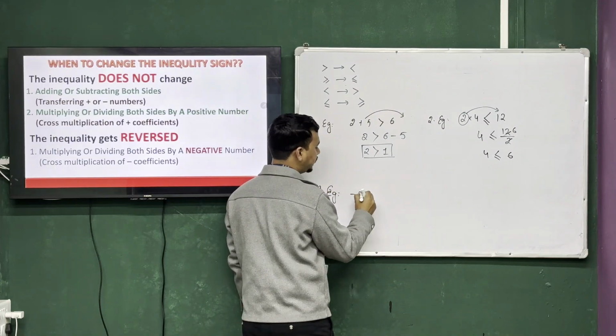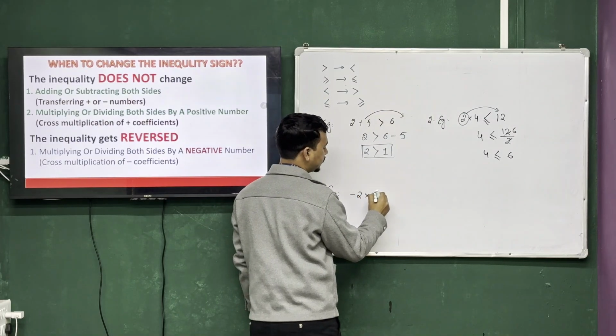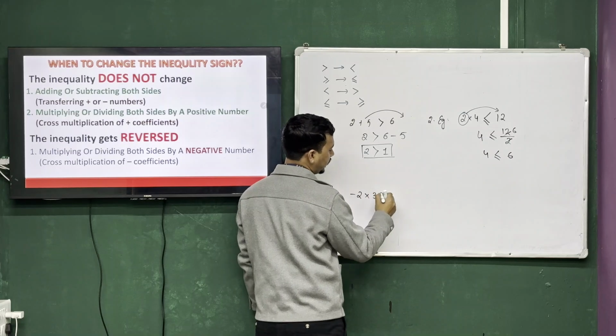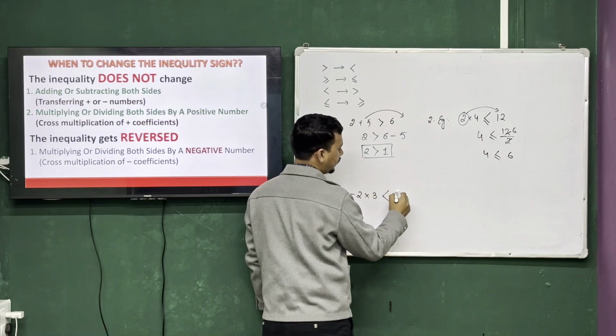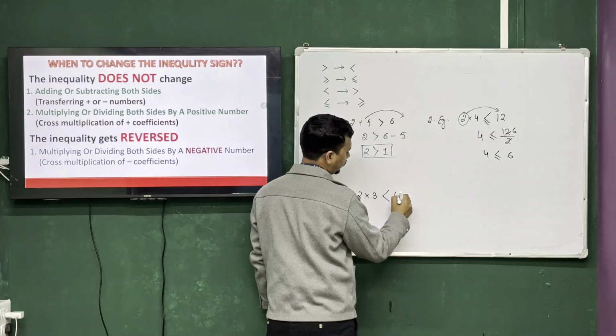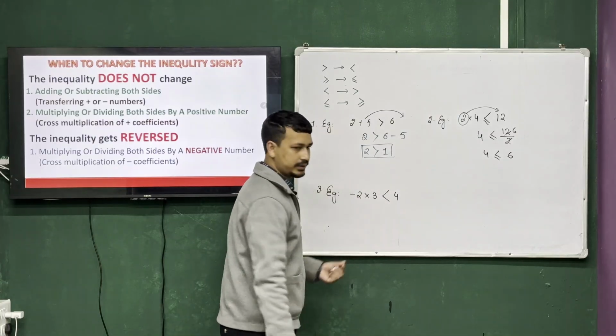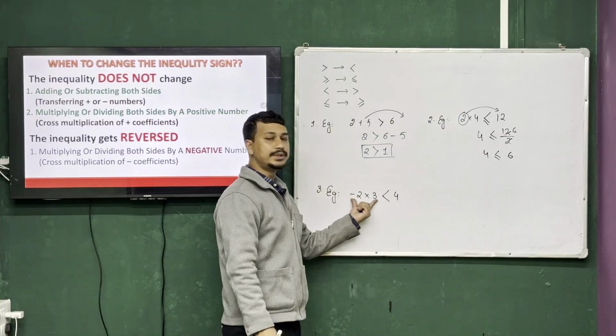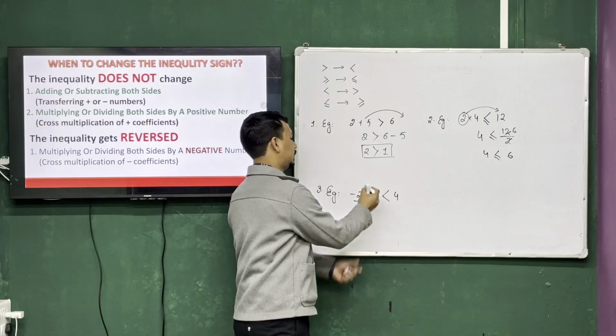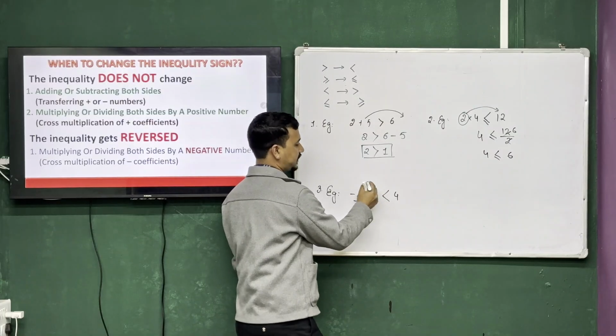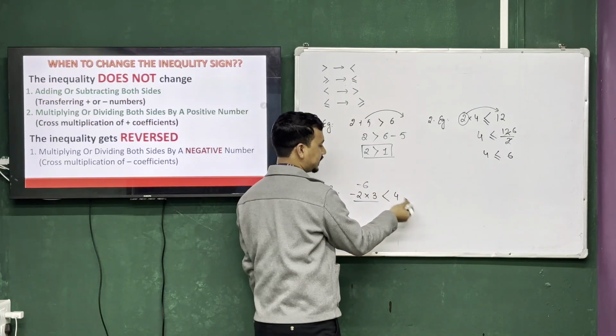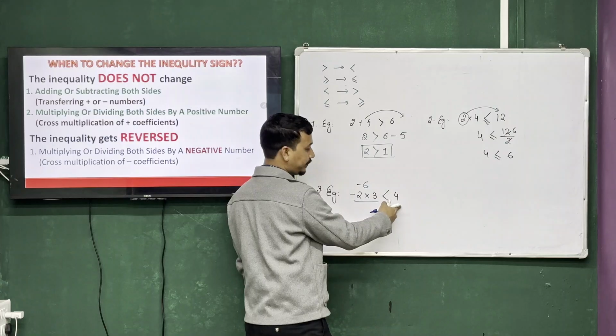Let's say we have minus 2 into 3 is less than 4. So do you agree? Minus 2 into 3 is minus 6, and this is 4. So minus 6 is less than 4.